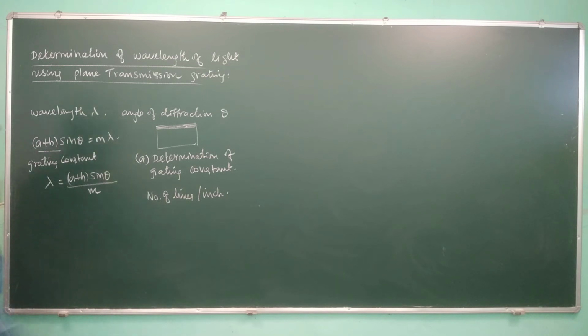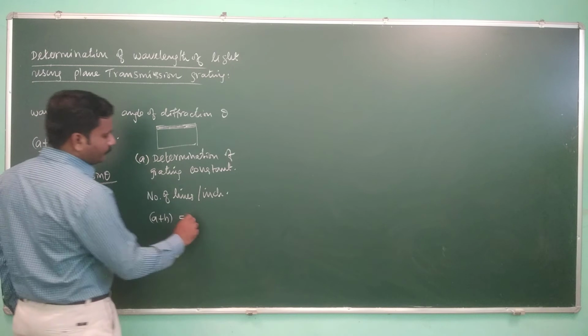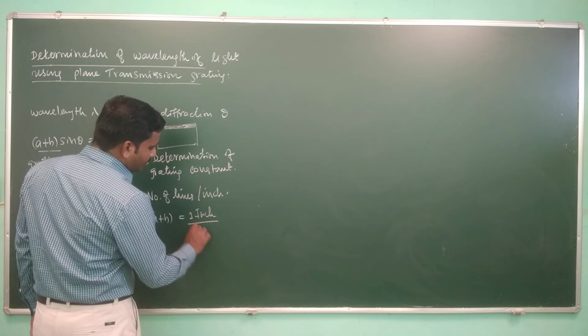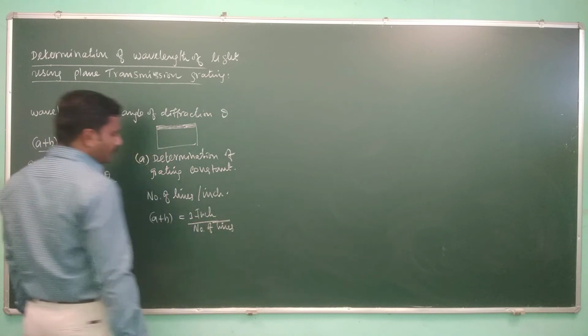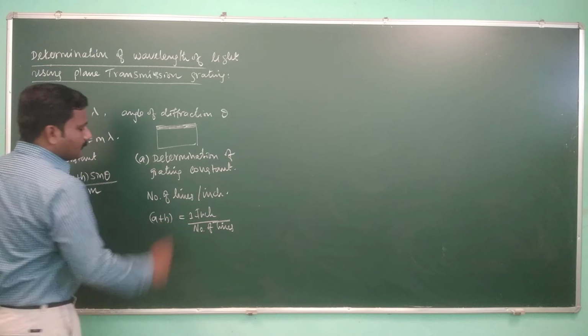So if you want a plus b, what do you have to write? 1 inch divided by the number of lines. You have to divide 1 inch by the number of lines.